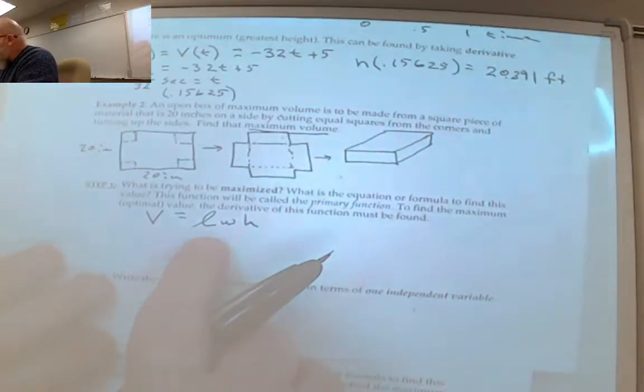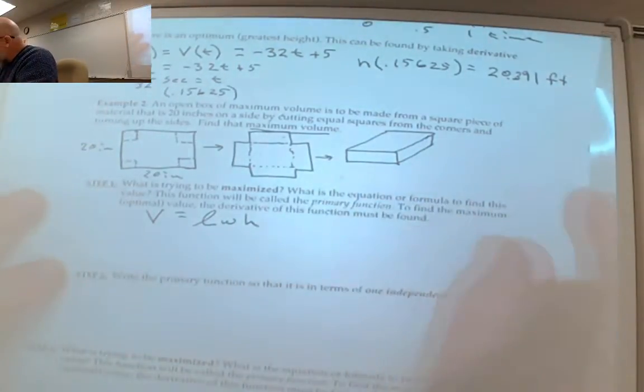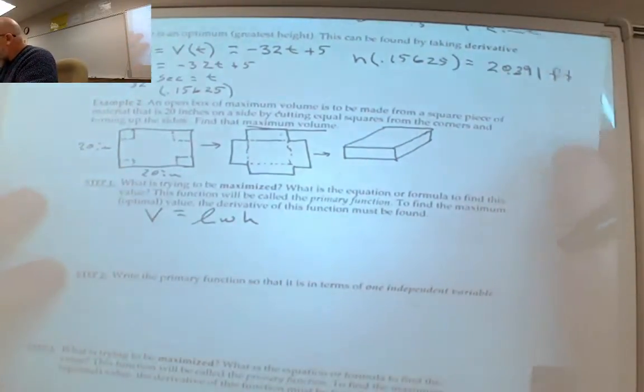This is not helpful in calculus because I'm going to take the derivative of that and I don't want to, because it has icky product rule all over it, right? But this is called the primary function because that's what I'm going to take the derivative of. Does that make sense?